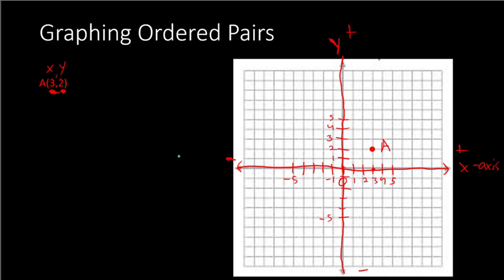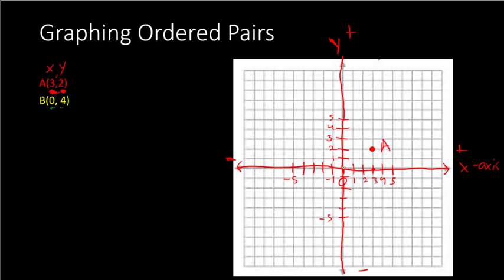All right, let's try another example. Here we have point B. B is given to you as (0, 4). So 0 is your x value, 4 is your y value. x would be left and right, this is your x-axis, that's your horizontal number line.